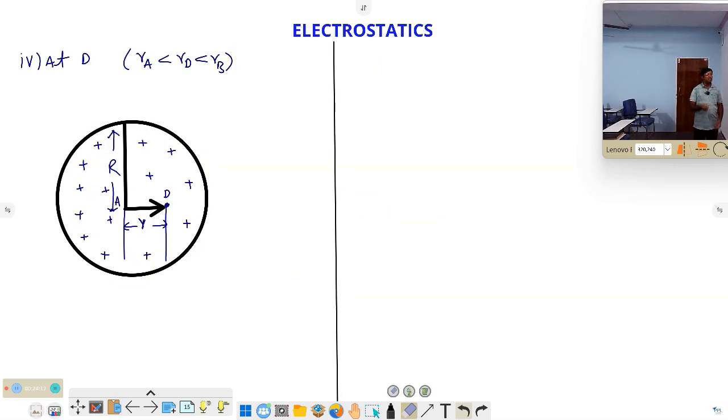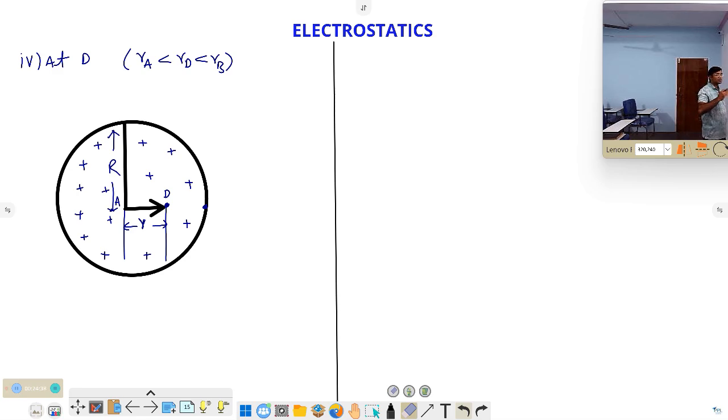Now come to the discussion of the D point. D point means inside the non-conducting sphere. What is the potential here? Just as we discussed, potential at A point is different, at D point is different, on the surface is different, and outside is different, because in a non-conducting charged sphere there are charges inside also, so there is a change in electric field inside, from center to surface.